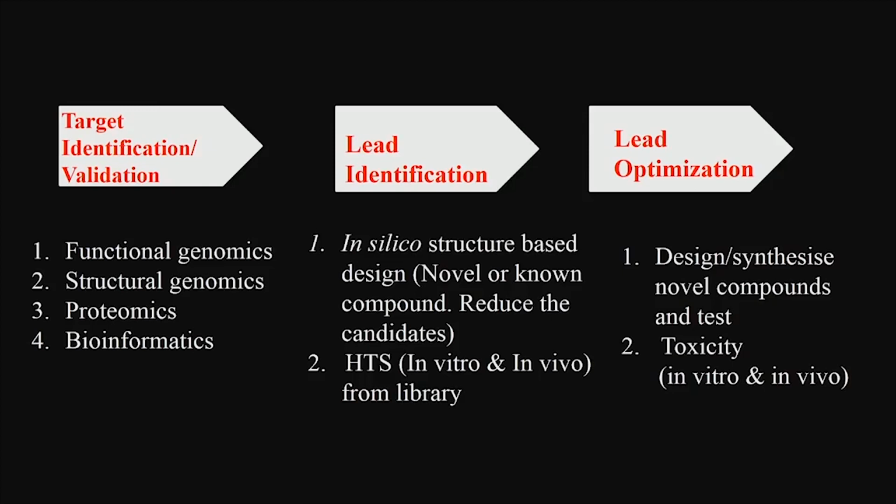Once I have a target and once I have validated that particular target, then you need to identify a lead. So, you may test millions and millions of compounds, that is the in silico structure based design. I take millions and millions of compounds and then try to dock them, okay. Docking means we try to see whether the compound binds to the active site of the target, how it binds, is the binding very good, you do all those things, that is called the in silico approach, okay.